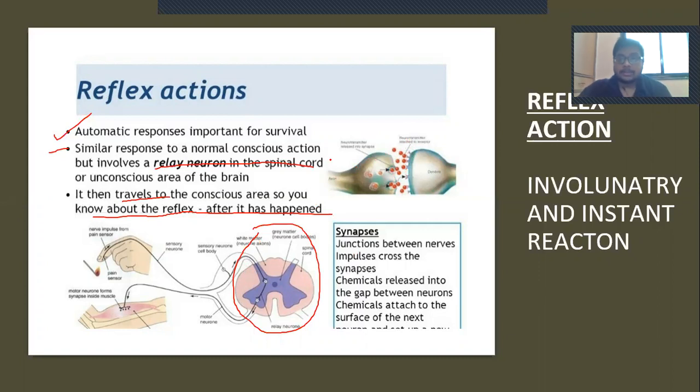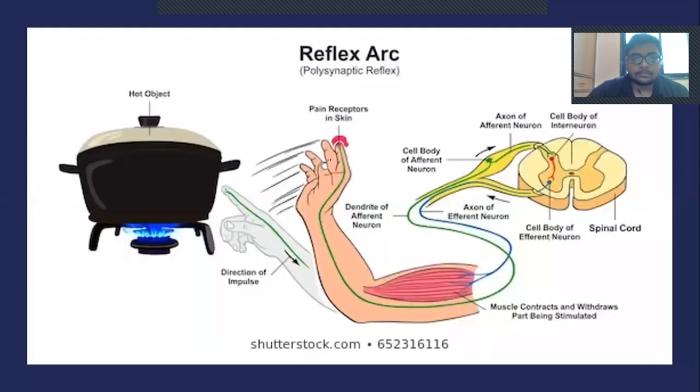Electrical impulses are exchanged and information is shared, that is what exactly is happening. That's a little bit advanced. So it travels to the conscious area. After you remove your hand, the brain gets to know that you have removed the hand. That's what happens, and this is the reflex action.